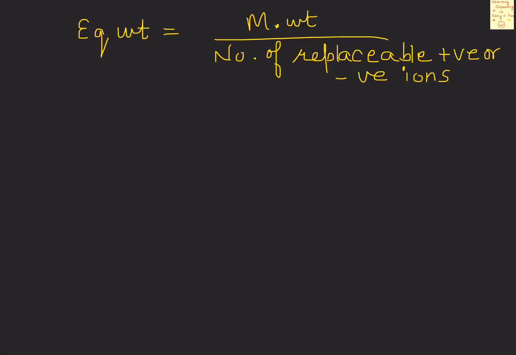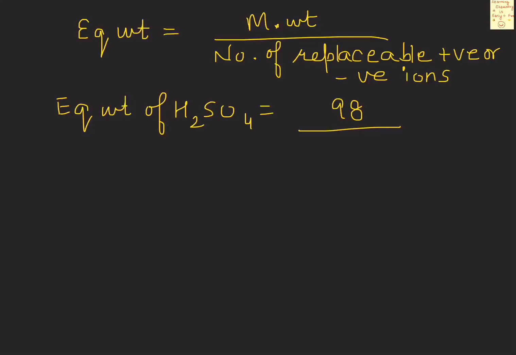This is the easiest definition that I have given you. For example, if I say equivalent weight of H2SO4, that is its molecular mass 98, you would divide it by the number of replaceable positive charge, that is 2. So, the equivalent mass of H2SO4 would be 49.